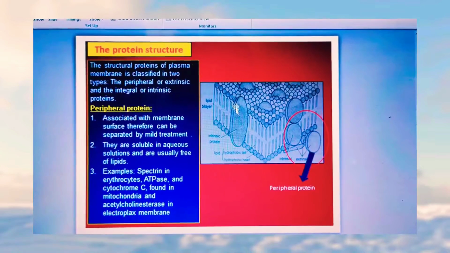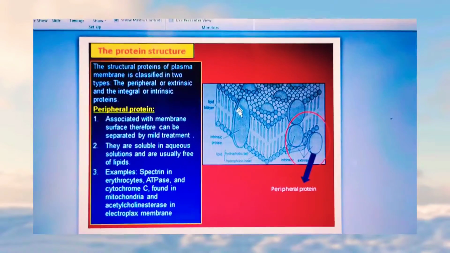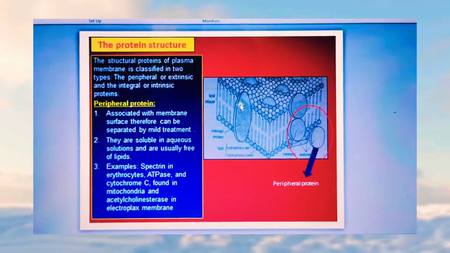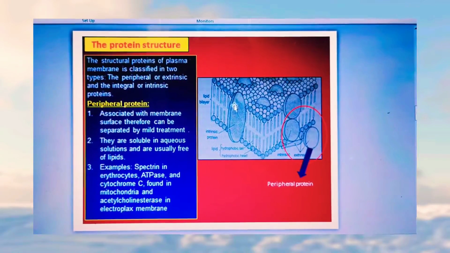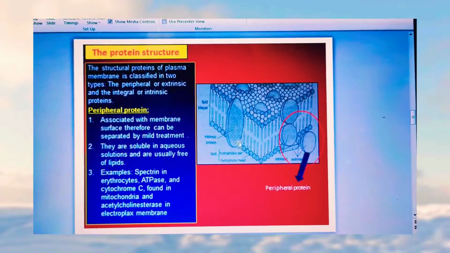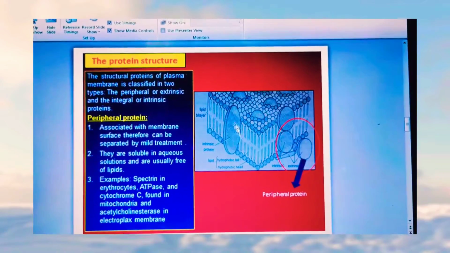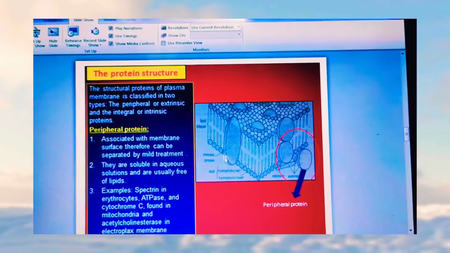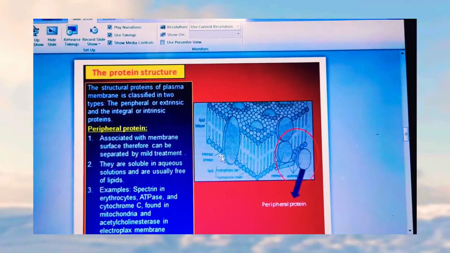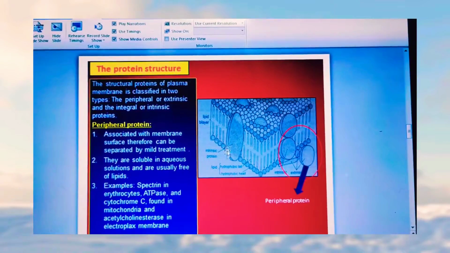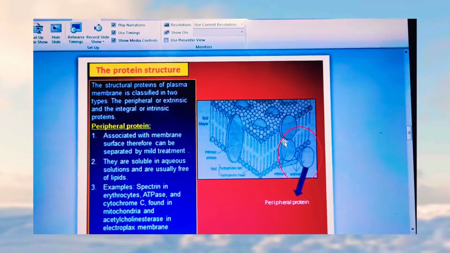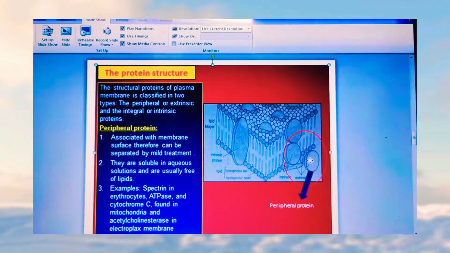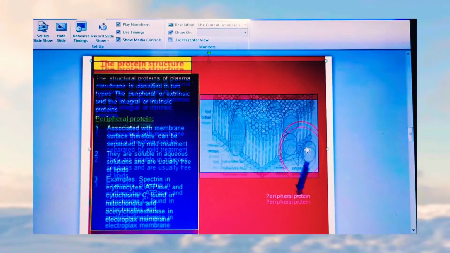So here this is an intrinsic protein. This protein is located in the integral part of this plasma membrane. That is why it is called intrinsic. It is located in the integral, it means inside. And here the extrinsics are at the peripheral, here or here.